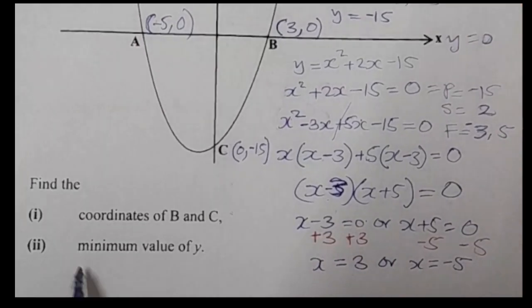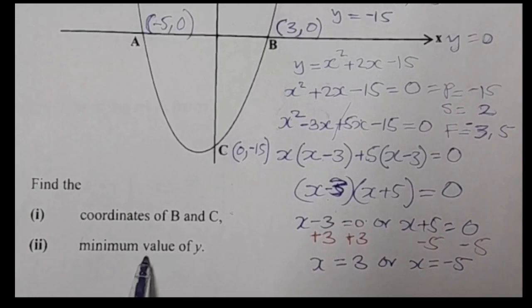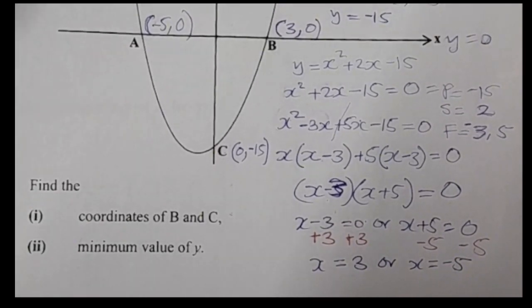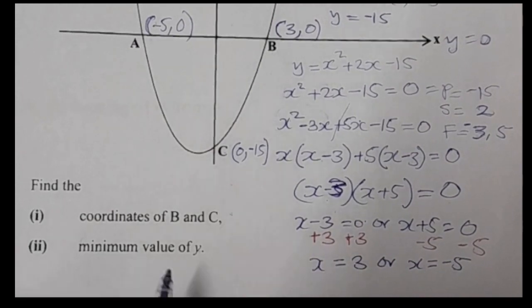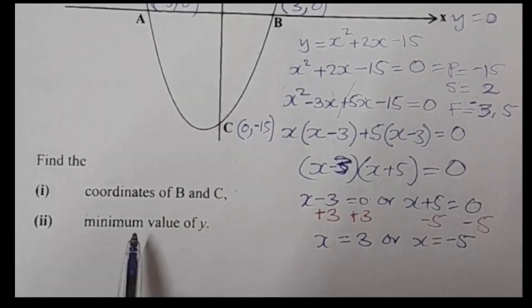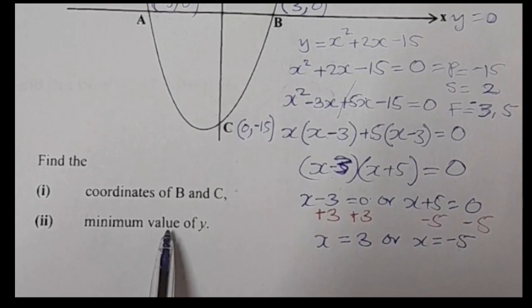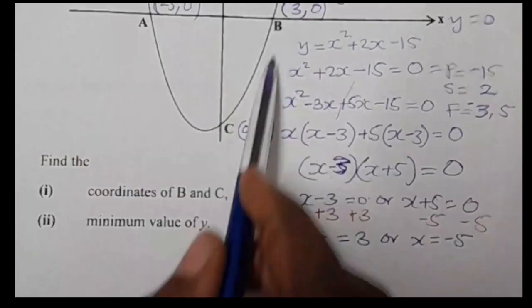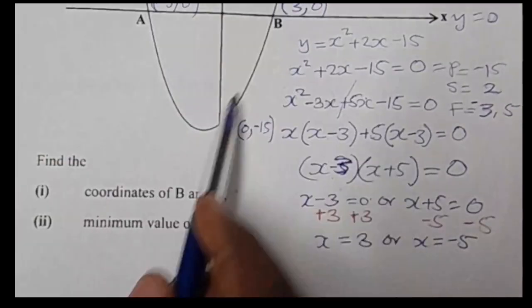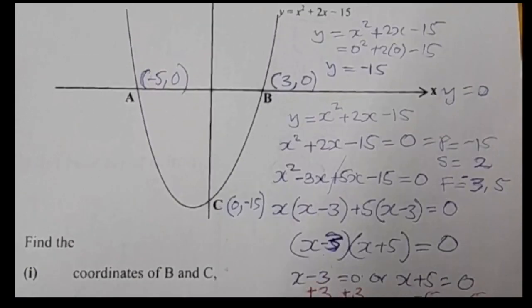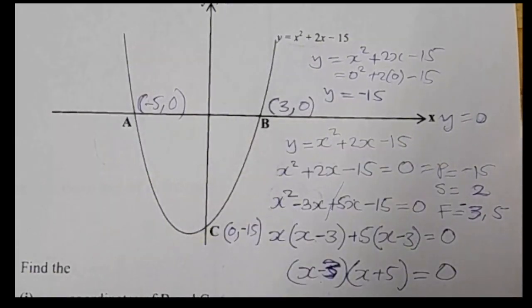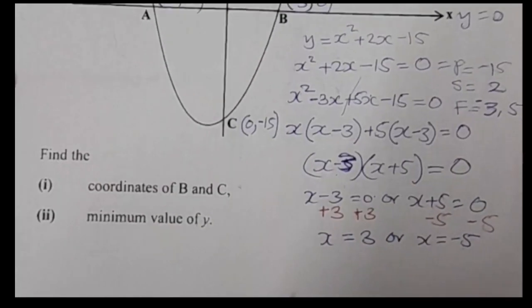Let's look at the last question, the minimum value of y. How do you find the minimum value of y? For you to find the minimum value of y, you need to know the formula. It's called the minimum because the curve is opening up like this. But if this curve was opening down like this, it was going to be called the maximum.